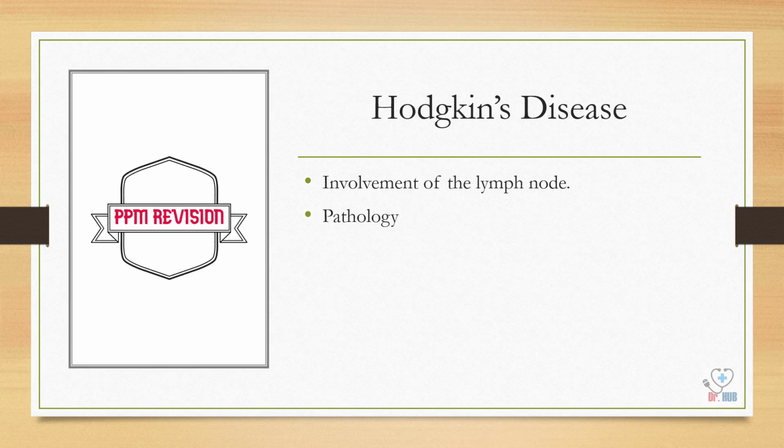Under lymphocyte depletion type, the lymph node is depleted of lymphocytes, and there are two variants, that is the diffuse fibrotic variant and also the reticular variant. Under the reticular variant, it is more cellular, and there are a large number of atypical pleomorphic histiocytes, scanty lymphocytes, and also few typical RS cells.